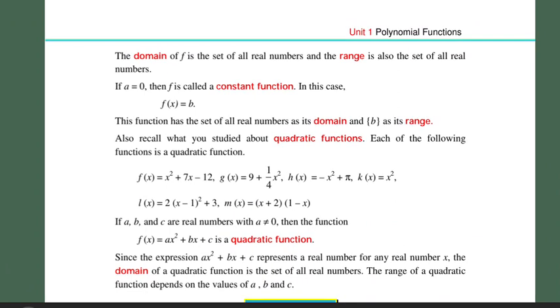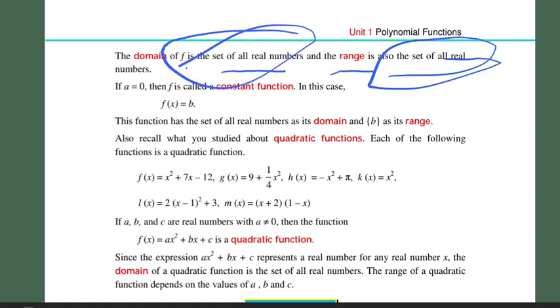The domain of the function is the set of all real numbers, and the range is also the set of all real numbers, for any polynomial function of this type.